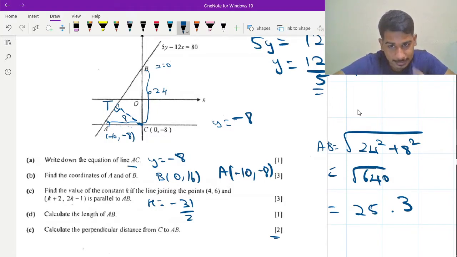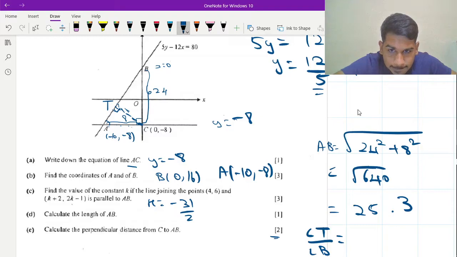So one angle is the same, and this right angle is the same as this right angle. So we have a similar triangle. So this length corresponds to this length. CT over CB is equal to AC over AB. Oh, this is where we need the AB.